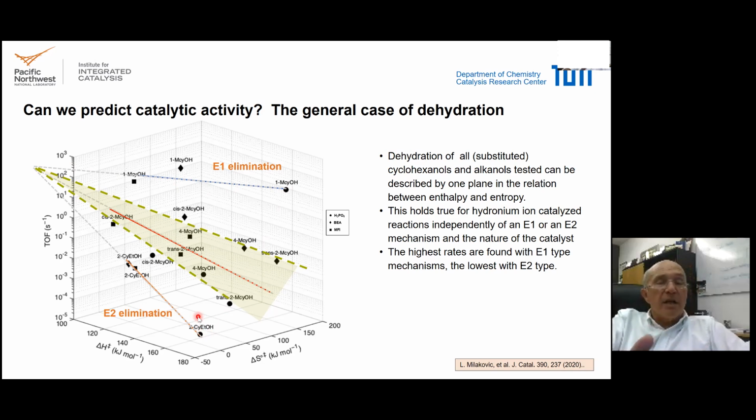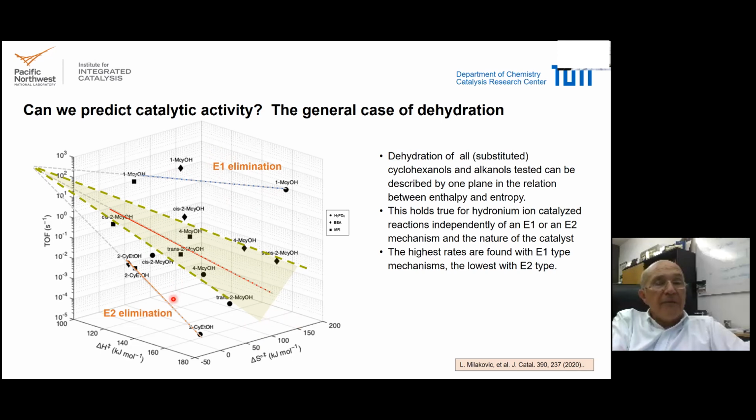This is one plane which holds all different catalysts, independent of whether this is a zeolite, a homogeneous acid, or another solid catalyst. We see that we go from low activity in E2 type eliminations in primary alcohols to very high activities in E1 type eliminations. And we see that a lot of this higher part is also given by a higher entropic situation, a higher transition entropy.